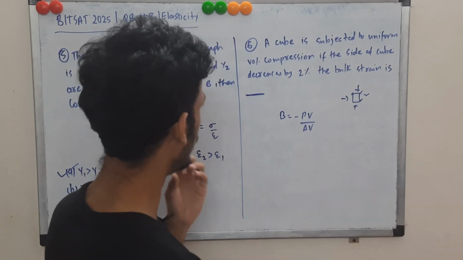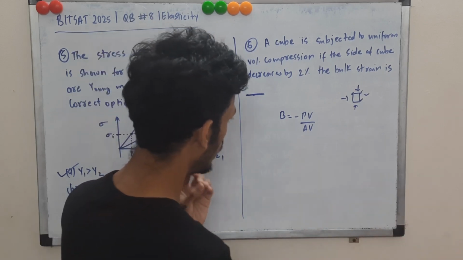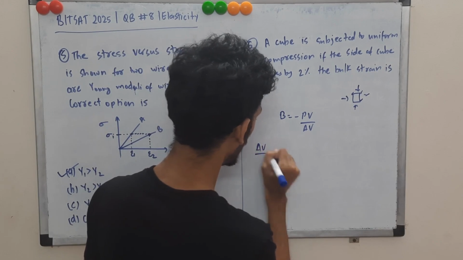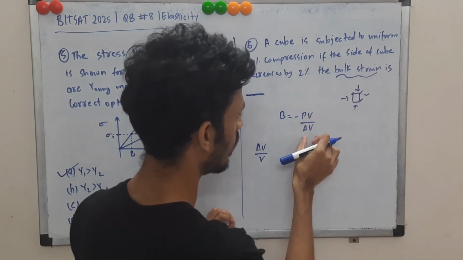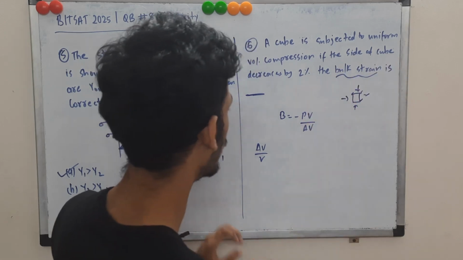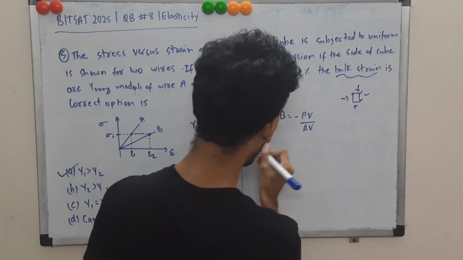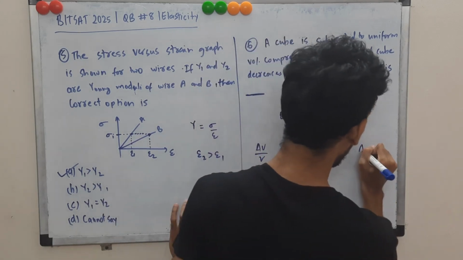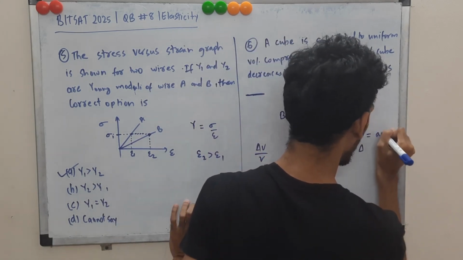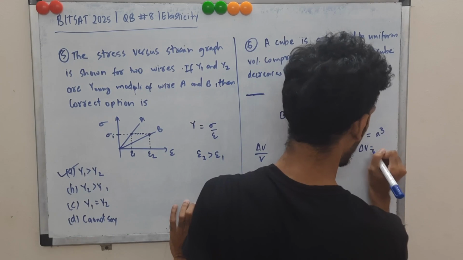Okay. Now this is a question of simple error analysis, right? First of all, we are supposed to find delta V by V, right? The bulk strain. Okay, this is the strain due to bulk, this bulk force, right? So now delta V, how we'll find? Because we have delta A, we can find delta V, because V is A cube. Okay, you'll know simple error analysis.